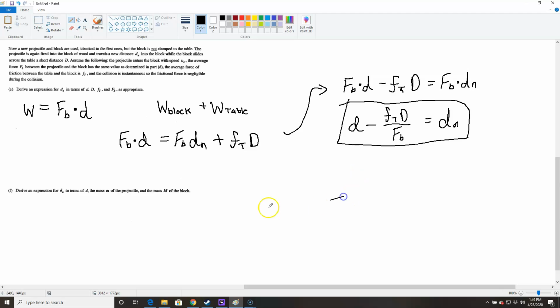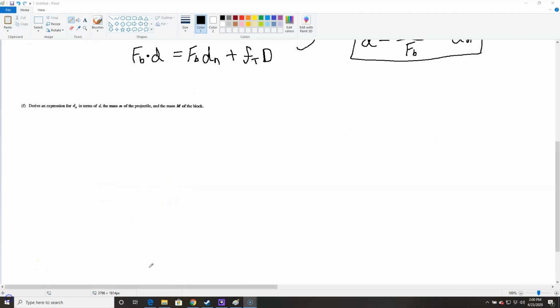And the final thing is derive an expression for d sub n in terms of d, the mass m of the projectile, and the mass capital M of the block. So I need d sub n. I'm solving for it again, but I need it in terms of d, little m, and big M.